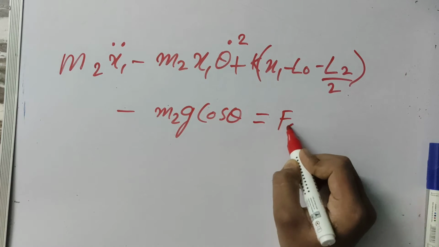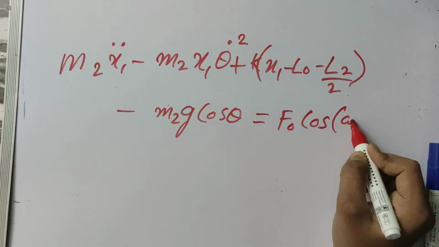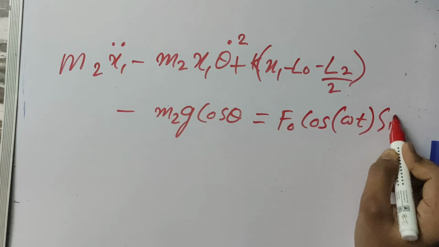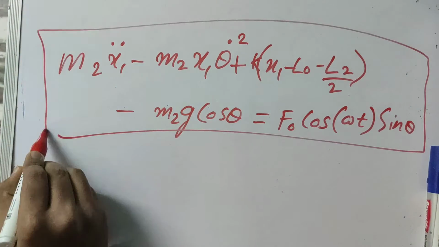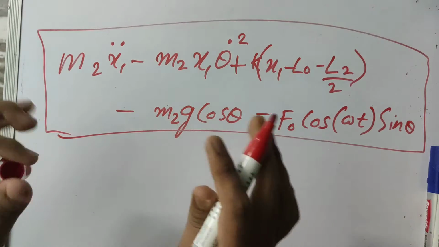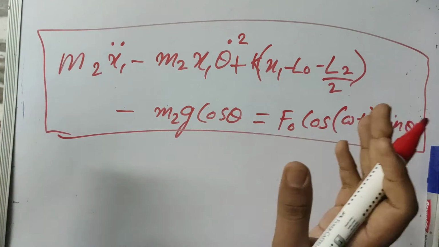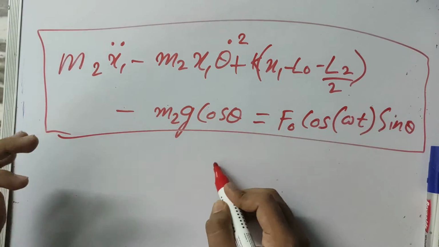This is equal to F0 cos omega t sine theta. This is a big equation, but it has got some great importance. This is the equation which we get for the motion along x1.